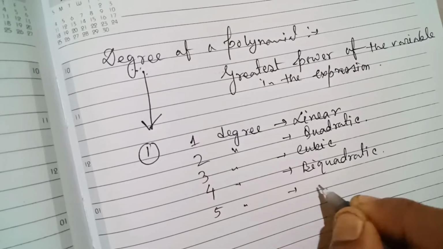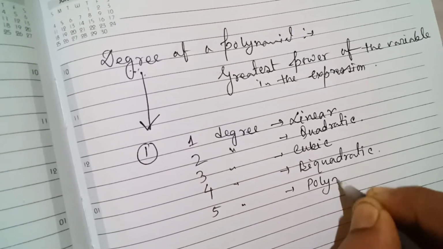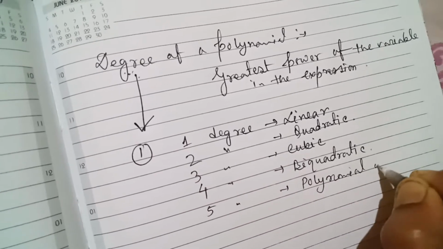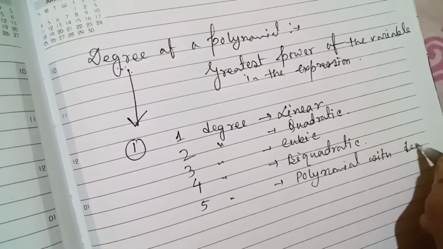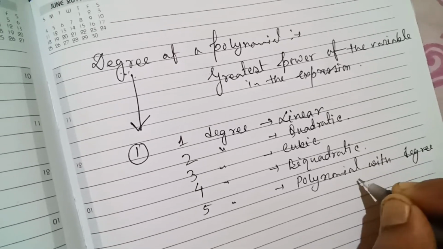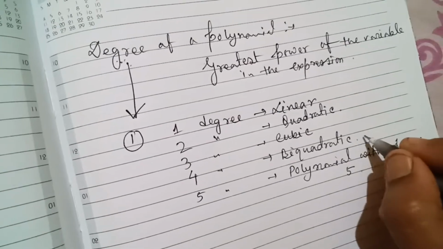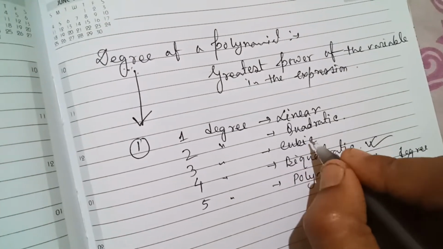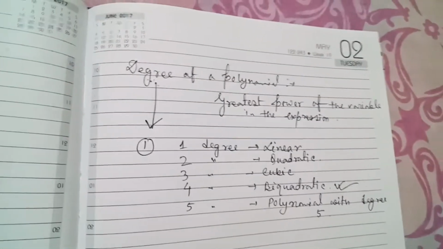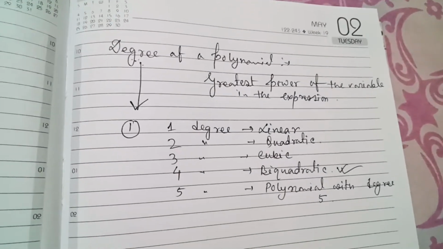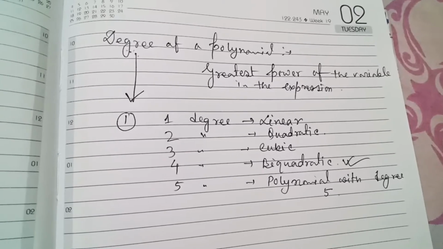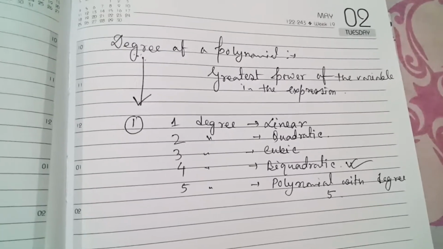Degree 5, polynomial with degree 5, and so on: degree 6, degree 7, whatever. Up to this, usual names are given. Linear means degree 1, quadratic means degree 2, cubic means degree 3, biquadratic means degree 4.